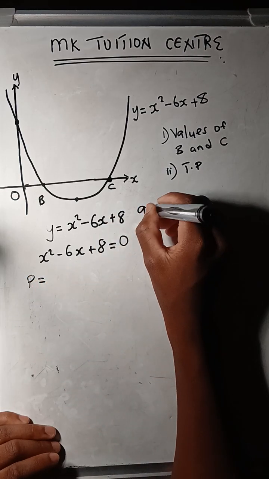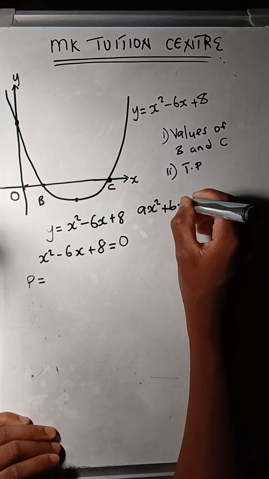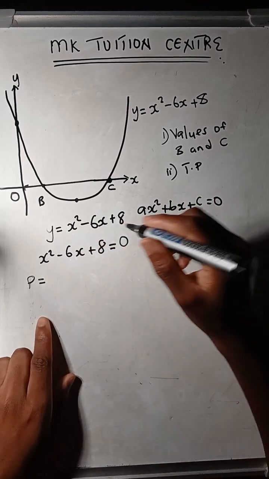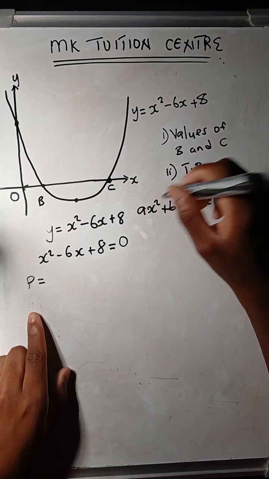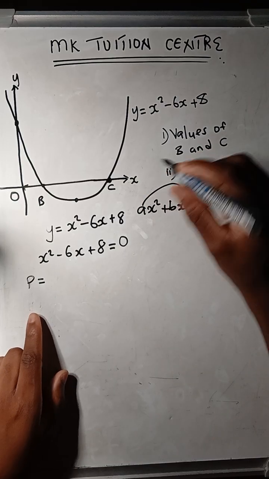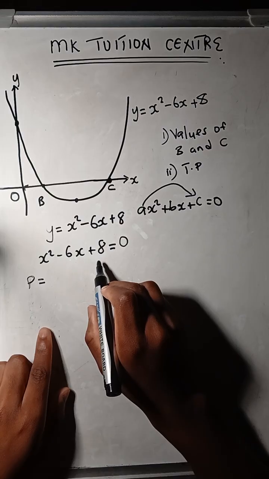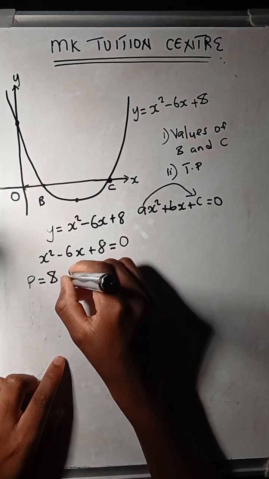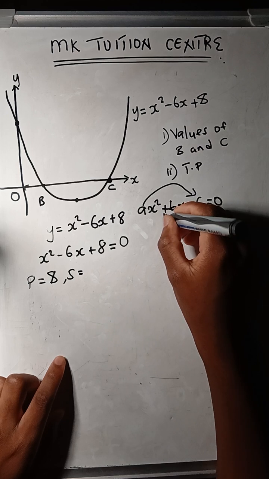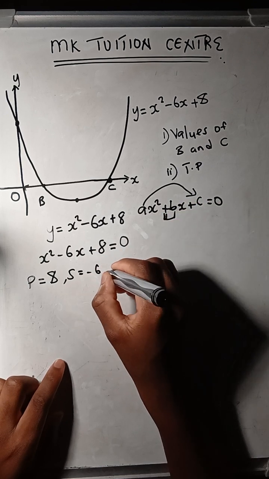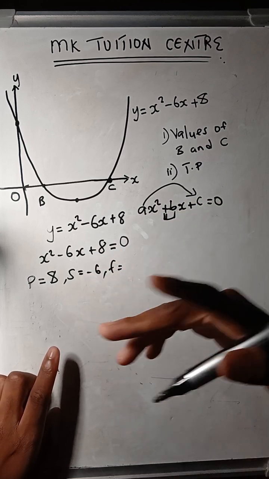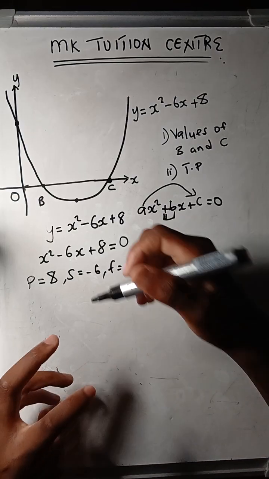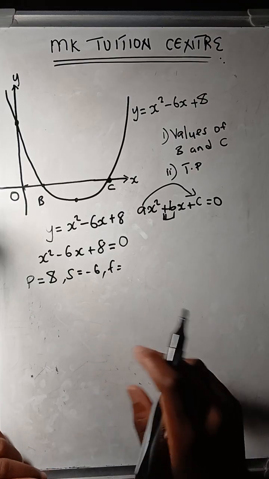So we have ax squared plus bx plus c equals 0. The product is a times c. So here we have 1 and this is 8. So 1 times 8 to give us 8 for the product. The sum is b. So the sum is negative 6. And for factors, we need to get two numbers such that when you multiply them, you get 8, and when you add them, you get negative 6.